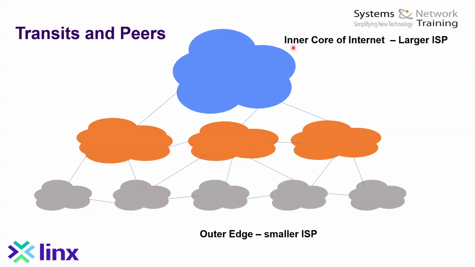So this large ISP, Internet Service Provider, is nearer to the core of internet connectivity, and these ones out here are gradually getting smaller and getting towards the edge of the internet connectivity.